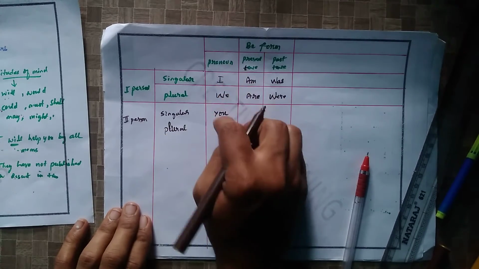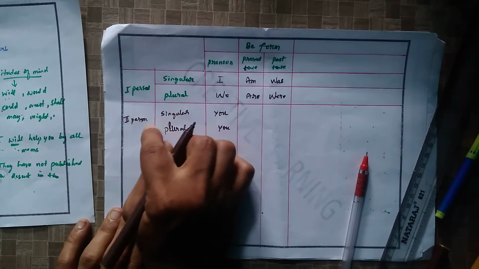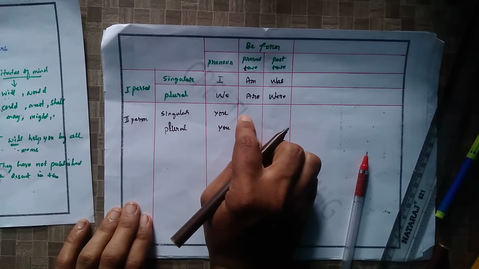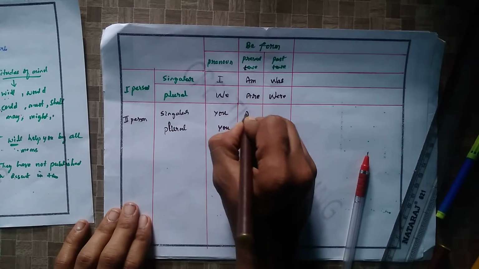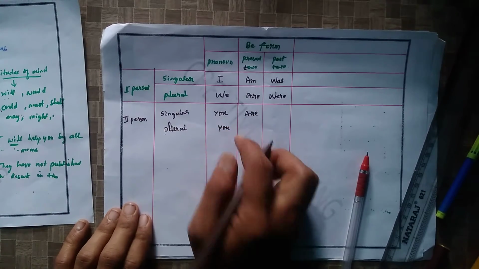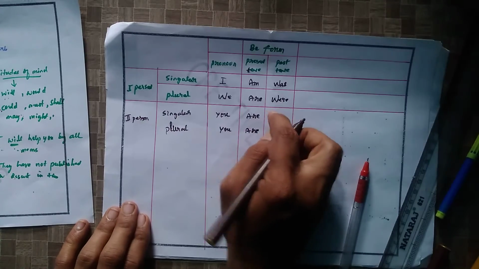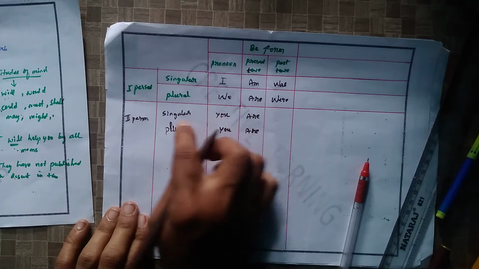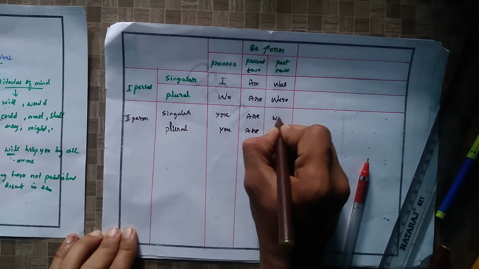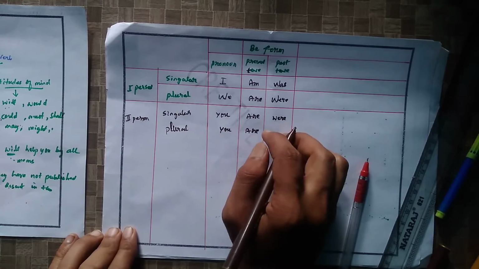You is the pronoun that represents the second person. In present tense it becomes are, and for plural you becomes are in present tense, and in past tense you becomes were, and plural of you is were.